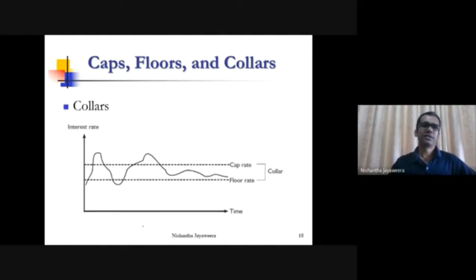So this is an interest rate collar, with a cap rate and a floor rate. If the interest rate goes above the cap rate, you make only this payment at this rate, not at any of these higher rates. Again, when it goes below the floor rate, you still pay this interest rate. So effectively, your effective rate is something like this.